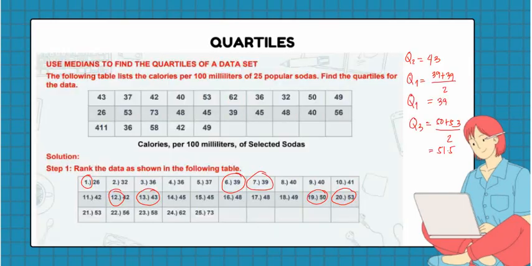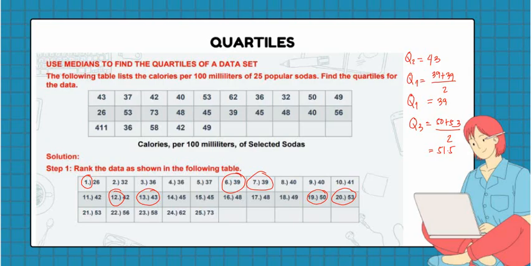Let me just add another page. For step 1, you are going to identify the descriptive measures that you will use to create our box plot or box and whisker diagram.